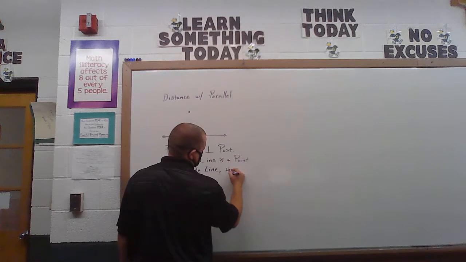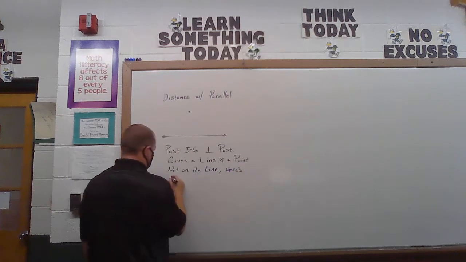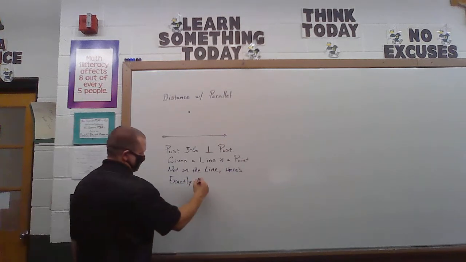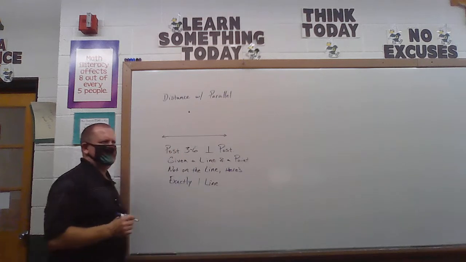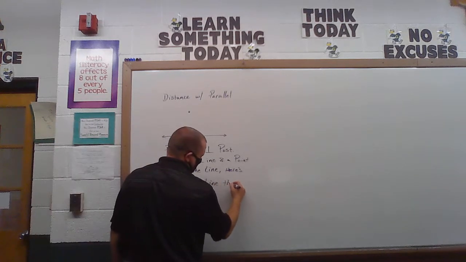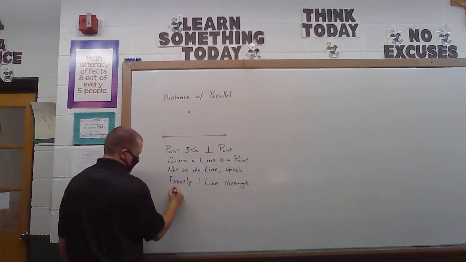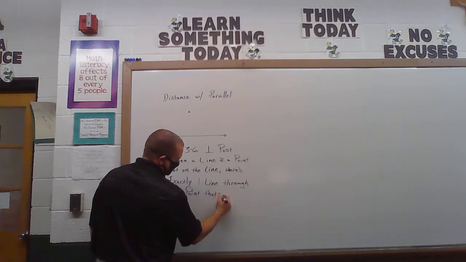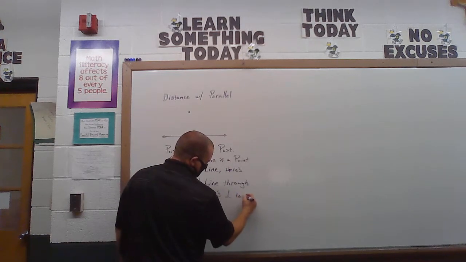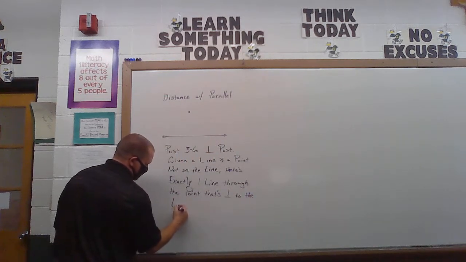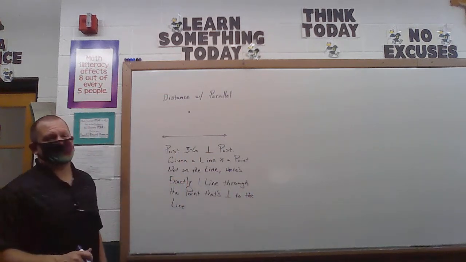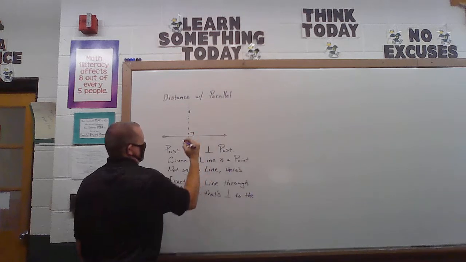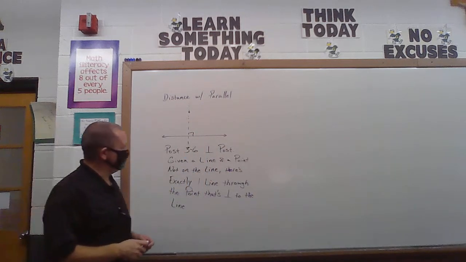There is exactly one line through the point that's perpendicular to the line. So basically what they're saying is there's no possible way that I can draw multiple lines like this and for them to be perpendicular. It has to be that one specific line.